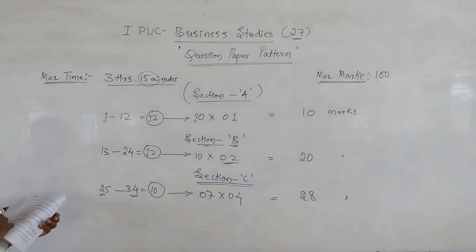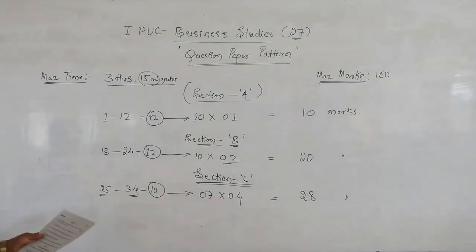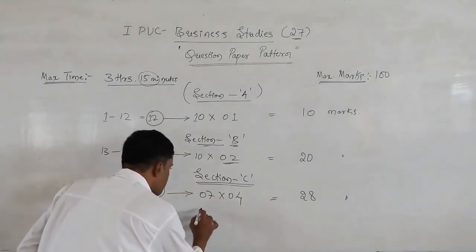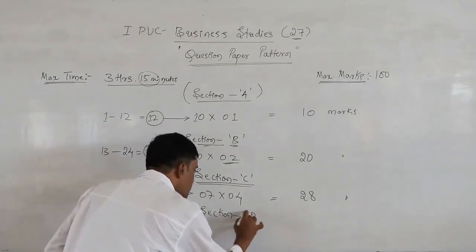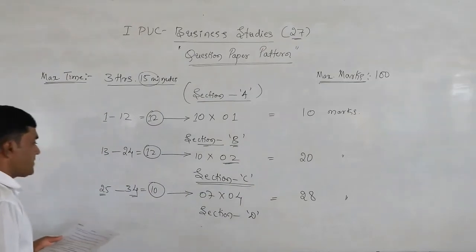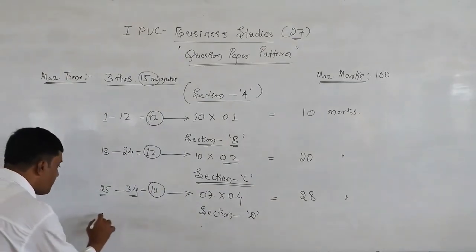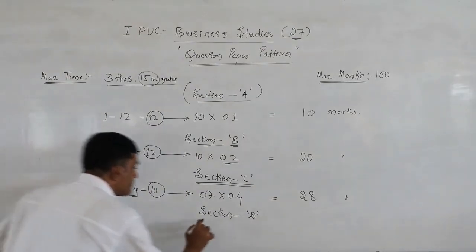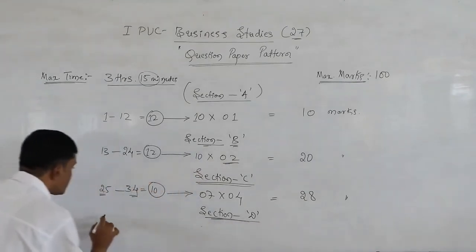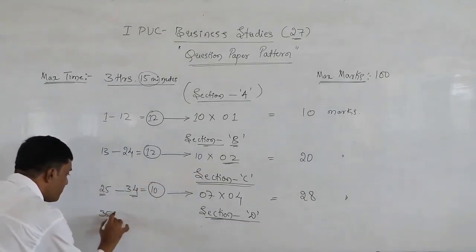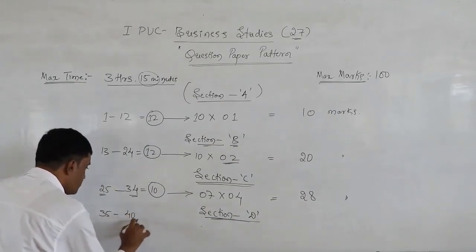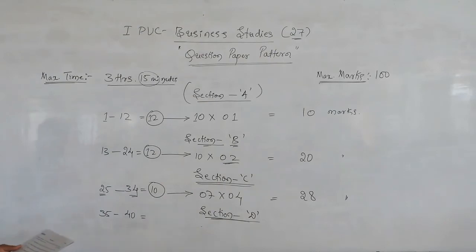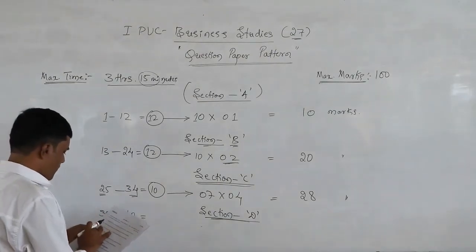Now the very important section D. Dear students, it starts with question number 35 and ends with 40. The total number of questions is 6: 1, 2, 3, 4, 5, 6.